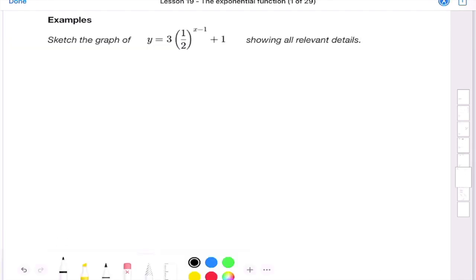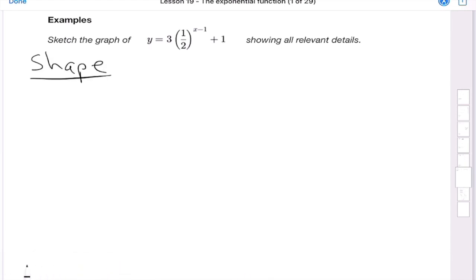If you have a good understanding of the properties of the exponential function, you can then draw these graphs with much ease. Let's see how we can use this one here. The first thing I would worry about is the shape of this graph.